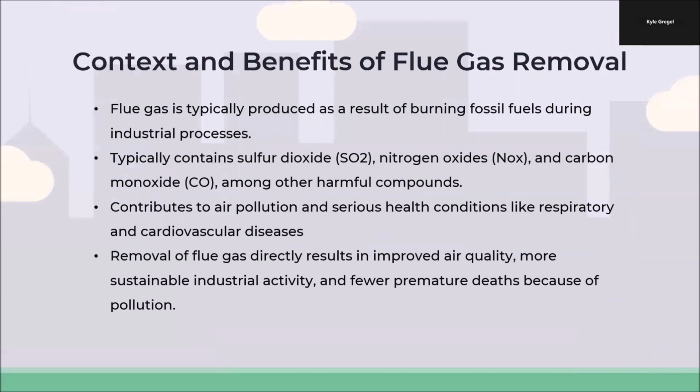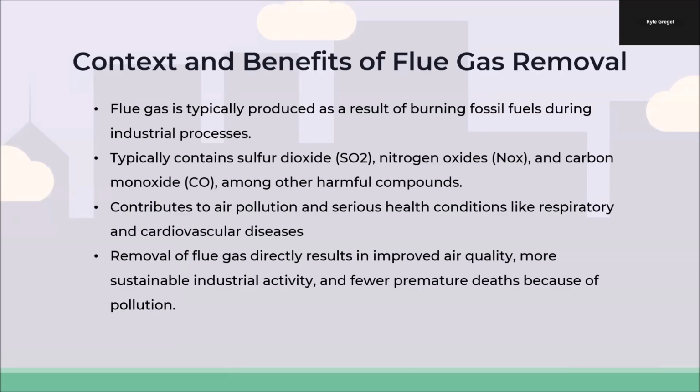So, for some context, flue gas is typically a byproduct of burning fossil fuels during industrial processes, and flue gas typically contains sulfur dioxide, various nitrogen oxide compounds, and carbon monoxide, as well as some other very harmful pollutants.